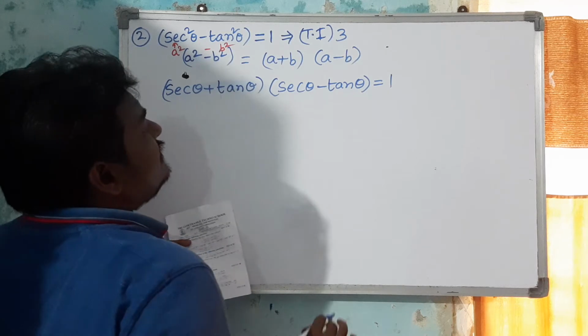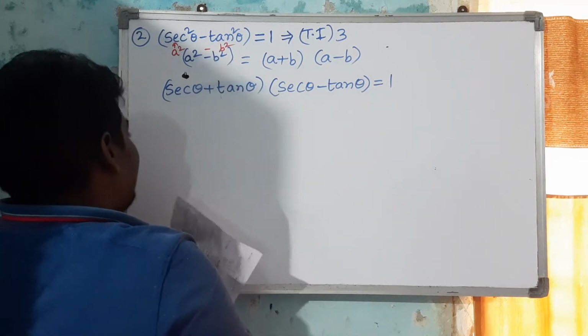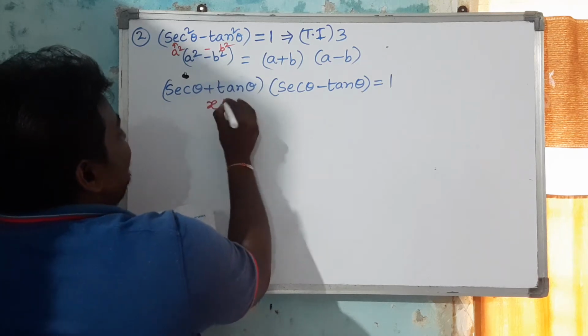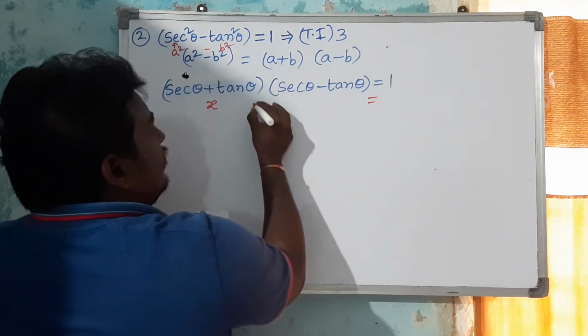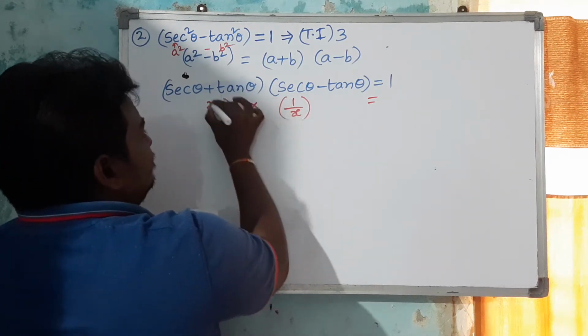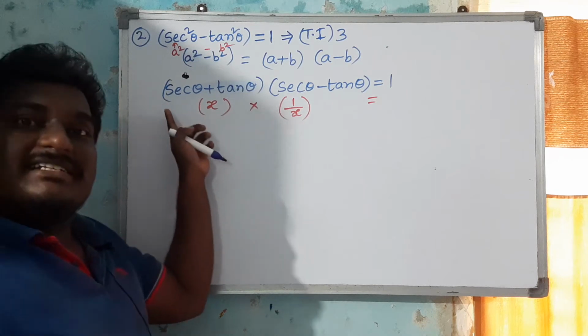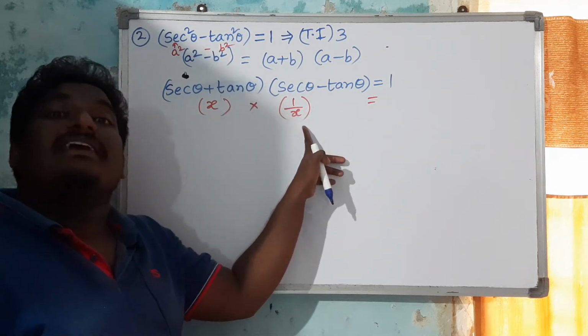If secant theta plus tan theta is x, for making the product equal to 1, what should be multiplied? 1 by x. That's why I am saying they are reciprocals. So if secant theta plus tan theta equal to x, secant theta minus tan theta should be 1 by x.